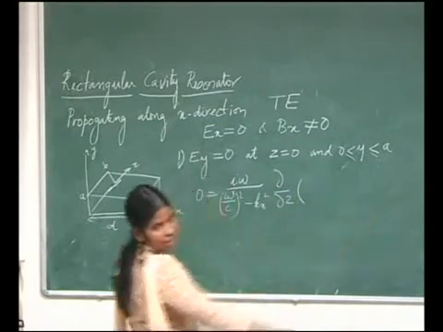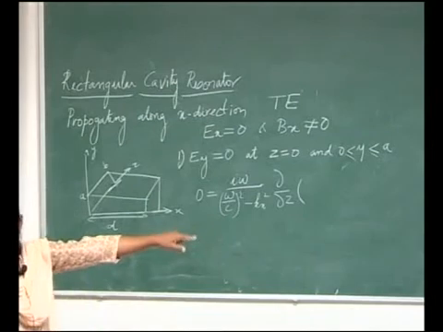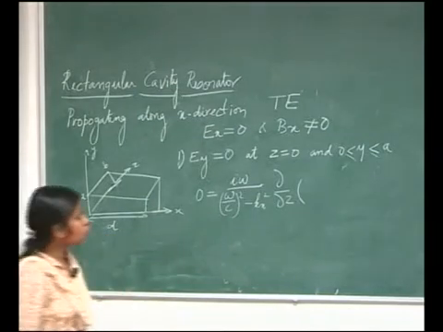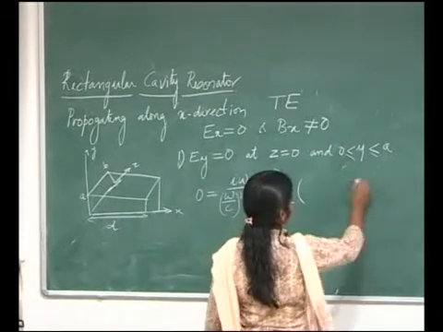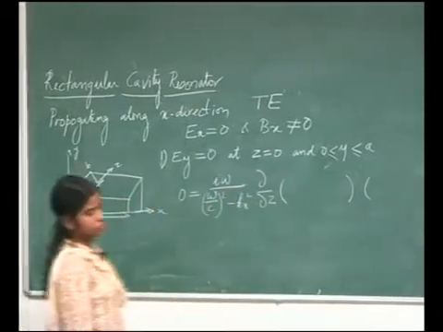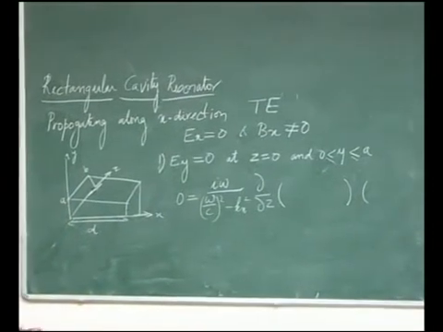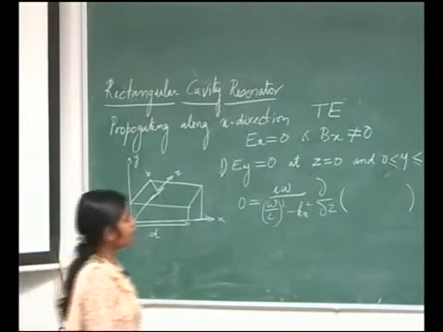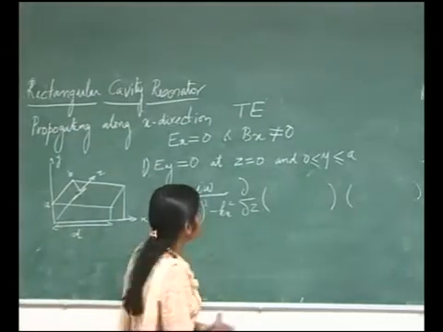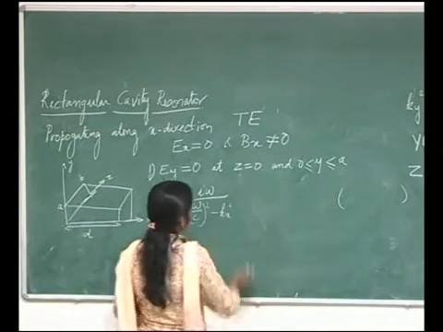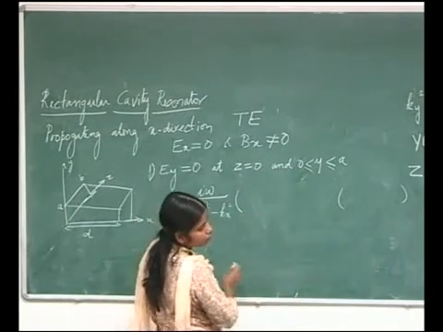The whole thing is written over there, the solution we have obtained, written below. So I have the whole thing, there are two brackets. Now I will differentiate this Bx with respect to z. When I differentiate, I can remove this term and my first bracket would come as it is.